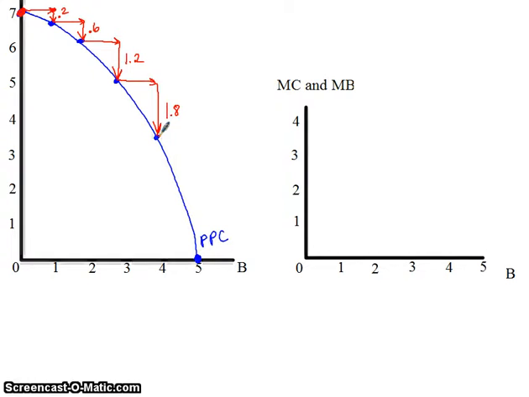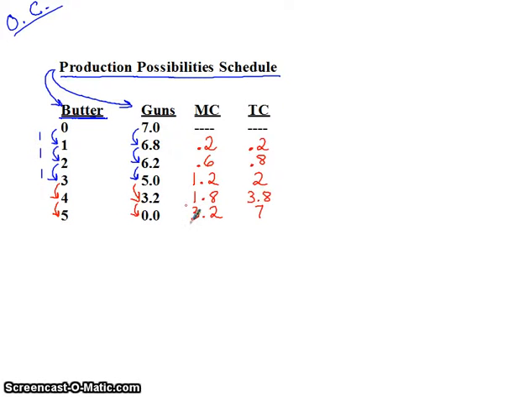And then for the last butter, to go from 4 units of butter to 5 units of butter, he had to give up 3.2 guns. So here's the marginal cost on the graph, which is really a slope concept. I'll say that in a second. And here's the marginal cost over here on the chart.